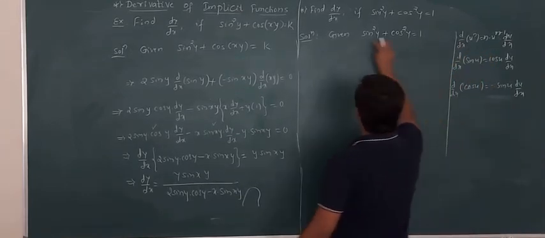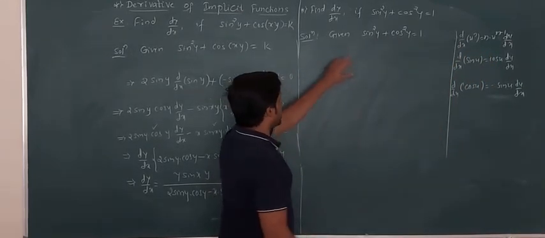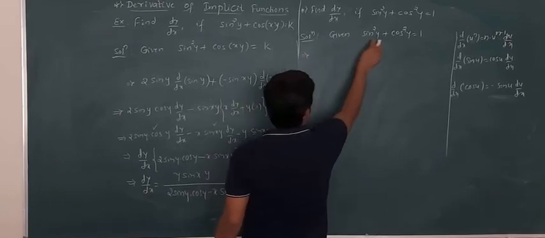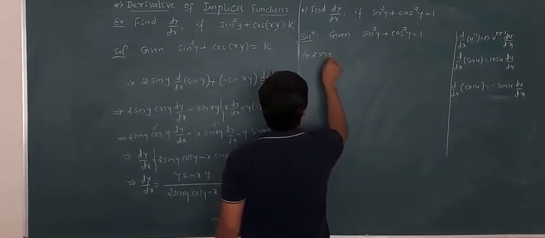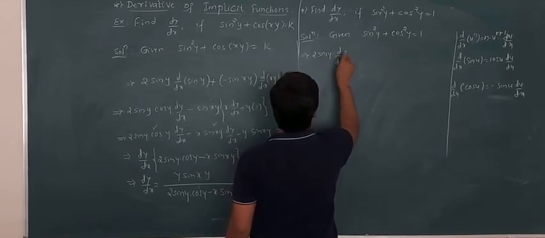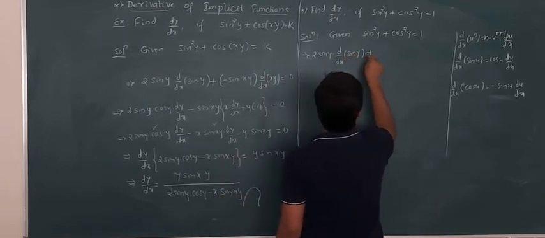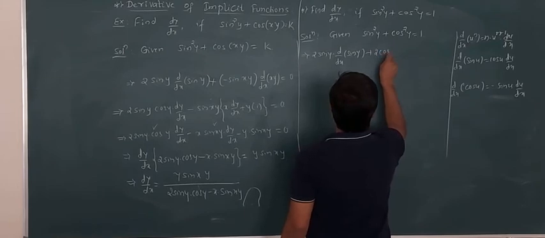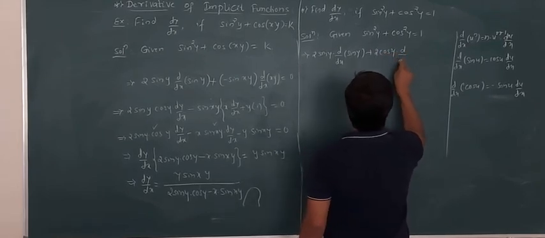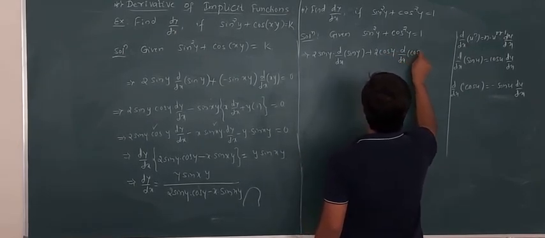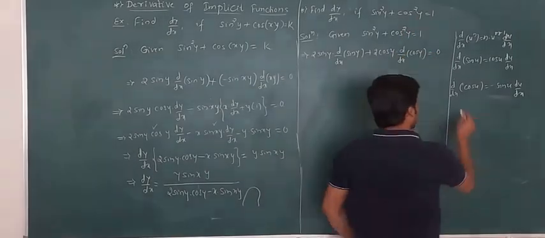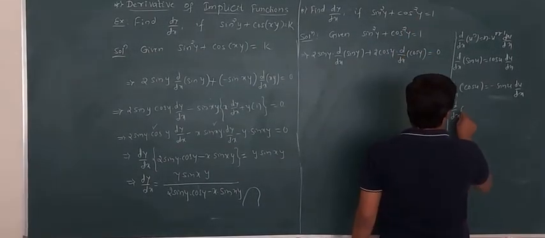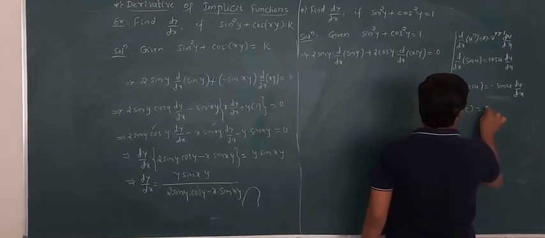By using the first formula, sin square y can be differentiated with respect to x. So we get 2 sin y into d by dx of sin y plus 2 cos y into d by dx of cos y is equal to 0. Because 1 is constant, d by dx of 1, that is constant c, is equal to 0.